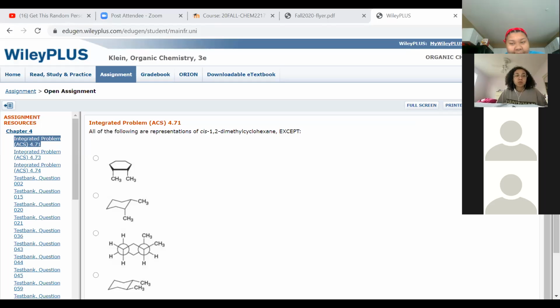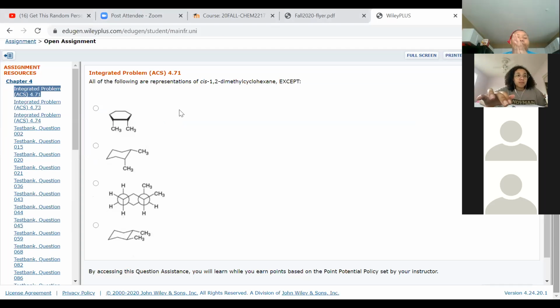Y'all see that? Okay. Is it the same problems? Yep. All right, number one: all the following are representations of cis-1,2-dimethylcyclohexane except.